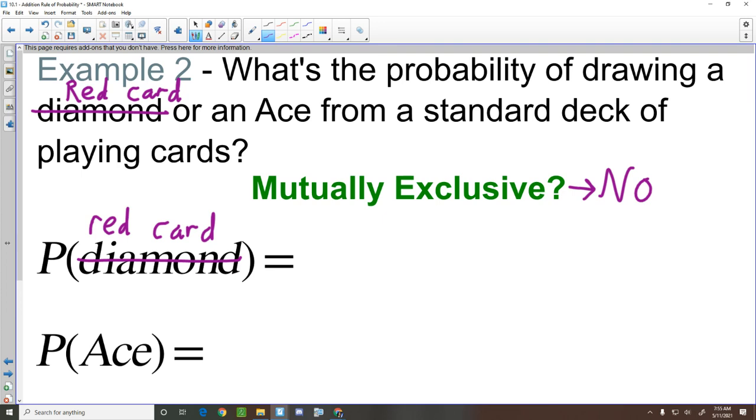If you keep this as out of 52, then it's easier to add because you have a common denominator already. So it is 1/2, but just leave it as 26 over 52. That way, super easy to add. You're welcome.